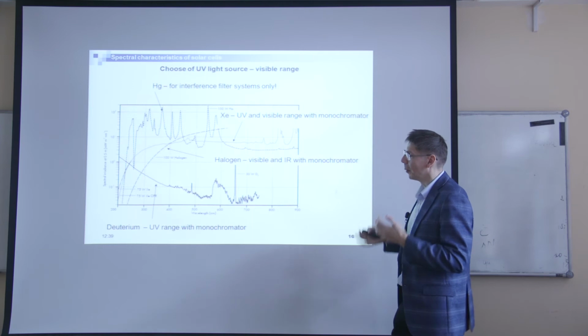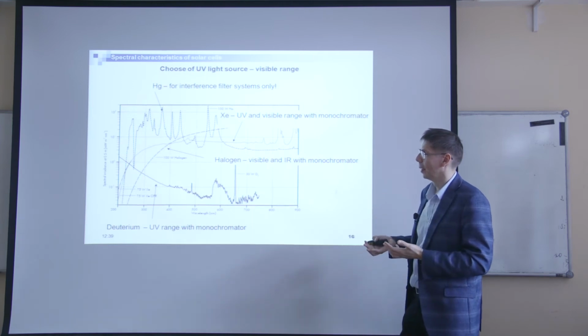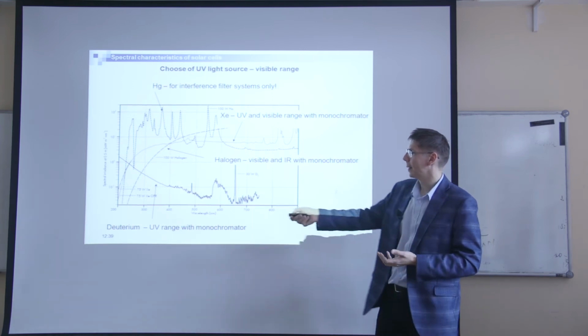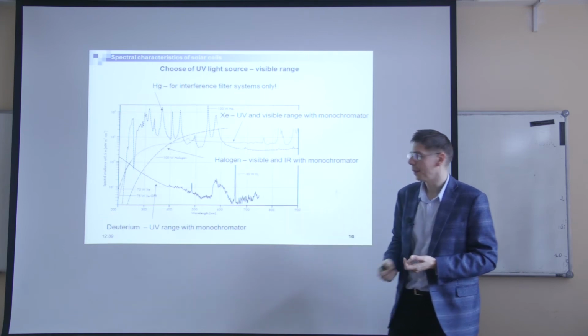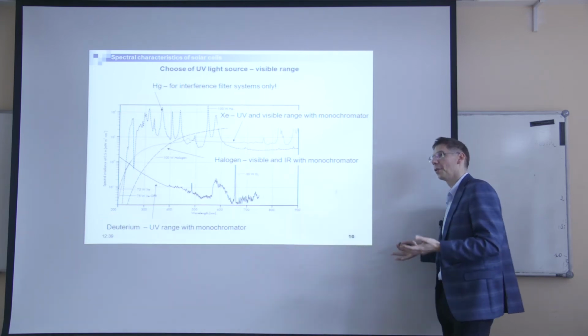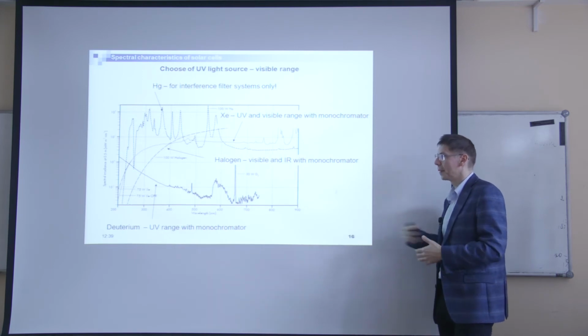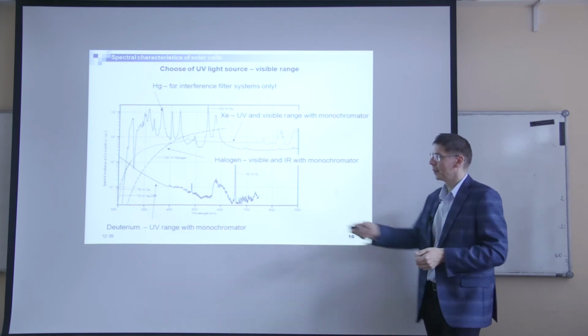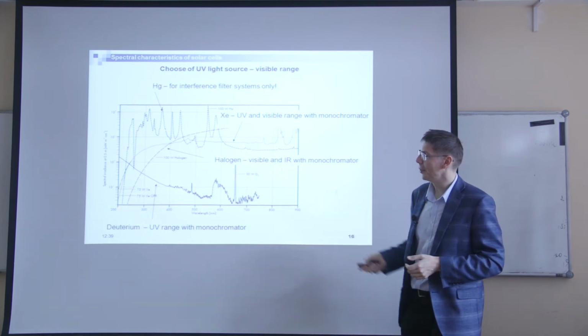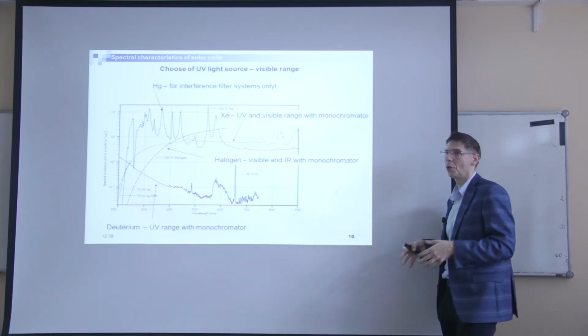Since I'm speaking about UV, I hope you know that 200 nanometers is actually the limit of the UV light you can pass in the air, because the UV region below 200 nanometers is called the vacuum UV.